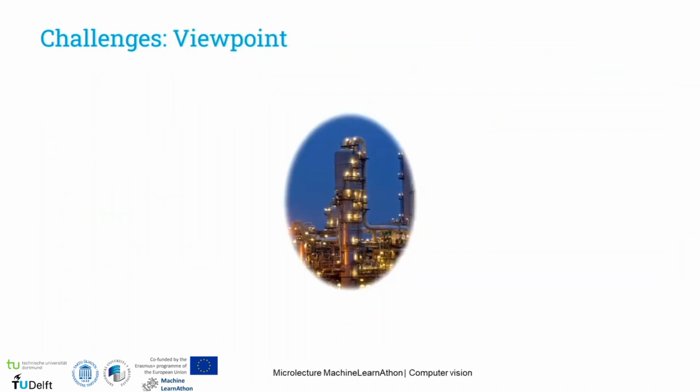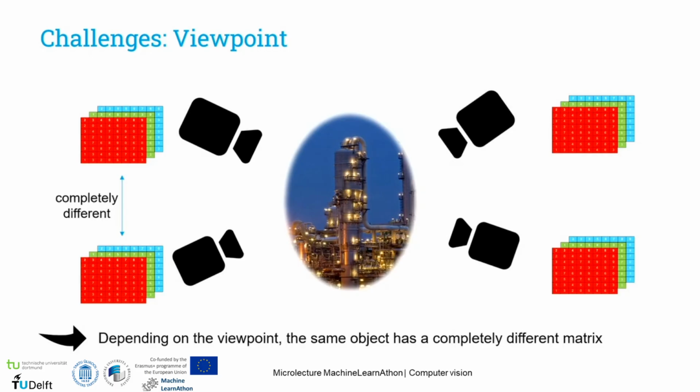Okay, so we come to this viewpoint again. This is one of the difficulties here. If you change the viewpoint only a little bit, the image itself looks similar for us as humans. The object itself is the same, so the class we want to predict is the same. However, each and every entry of the matrix may be completely different.